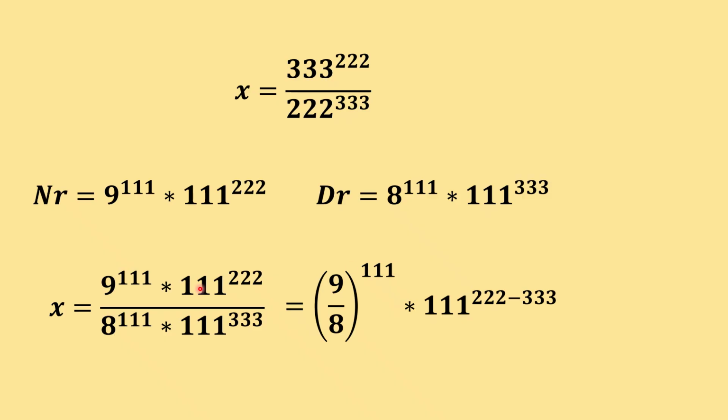And for 111 power 222 and 111 power 333, when you divide, you subtract the exponents. 111 is the common base, so you find the difference of the exponents, 222 minus 333. So x is (9 by 8) whole power 111 into 111 power (222 minus 333). That's the value of x.